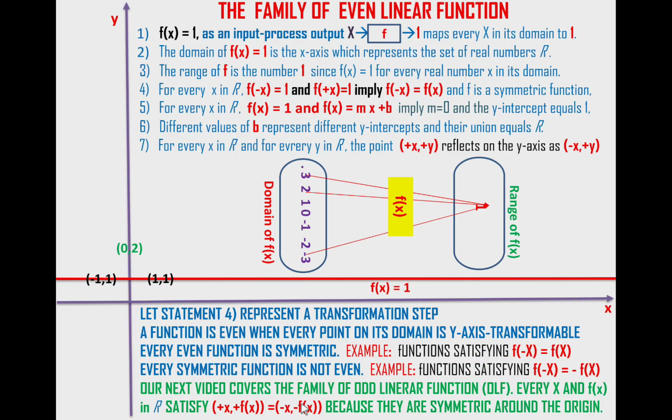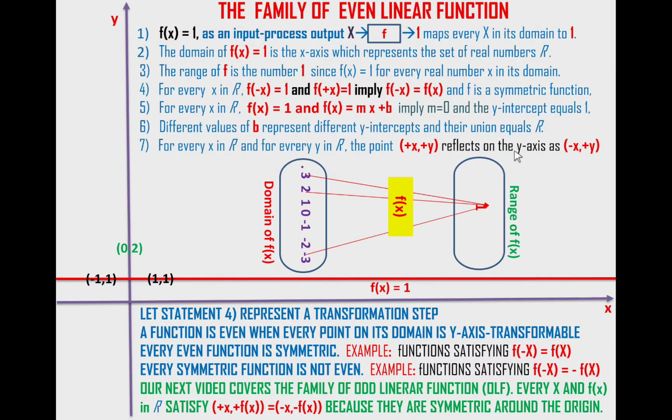There is one point that we have to understand, which is the following. A function that's even, symmetric around the y-axis, must have only one transformation, and the transformation should be on the x only, not on the y. So x is transformed to the other side as minus x, but y remains the same. So the transformation is in one part of the function, the x only, not the y.